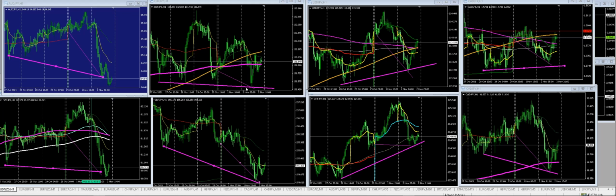So we'd like to buy Euro. Let's take a look at Canada. Canada here is weak and weak, which means in theory we can buy Euro Canada because this is stronger than this. Now, in order for us to confirm this, we're going to bring up Euro Index and Canada Index.